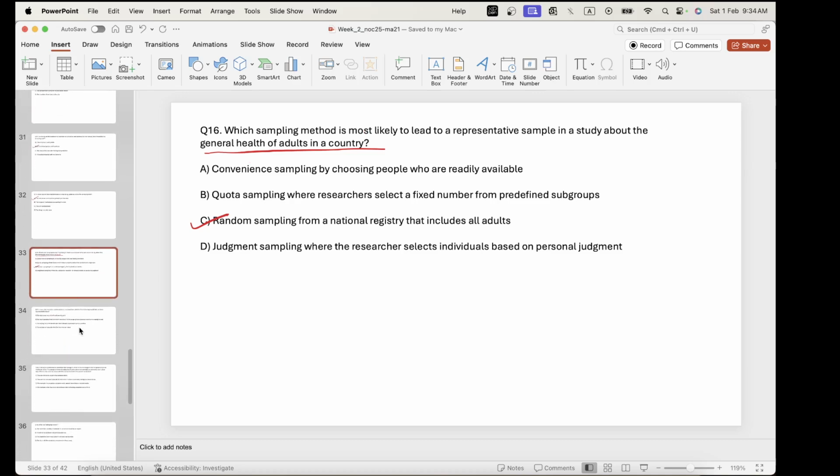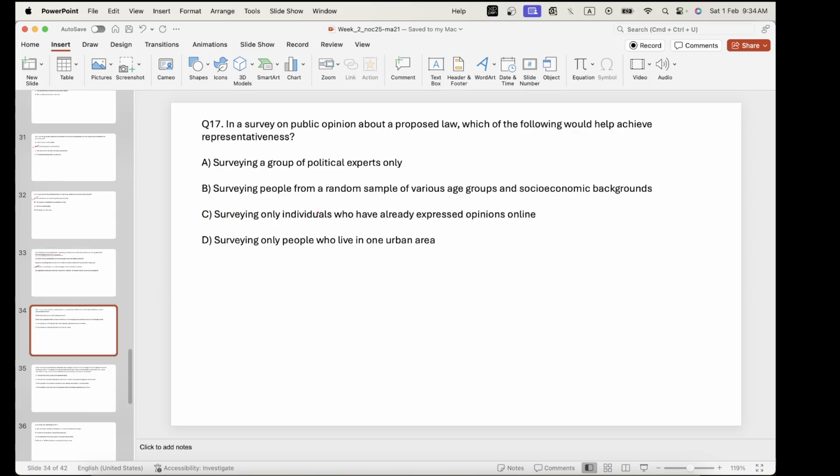Okay, in a survey on public opinion about a proposed law, which of the following would help achieve representativeness? This proposed law is going to affect all sections of society, let's say. So surveying random people of various age groups and socioeconomic backgrounds would help.